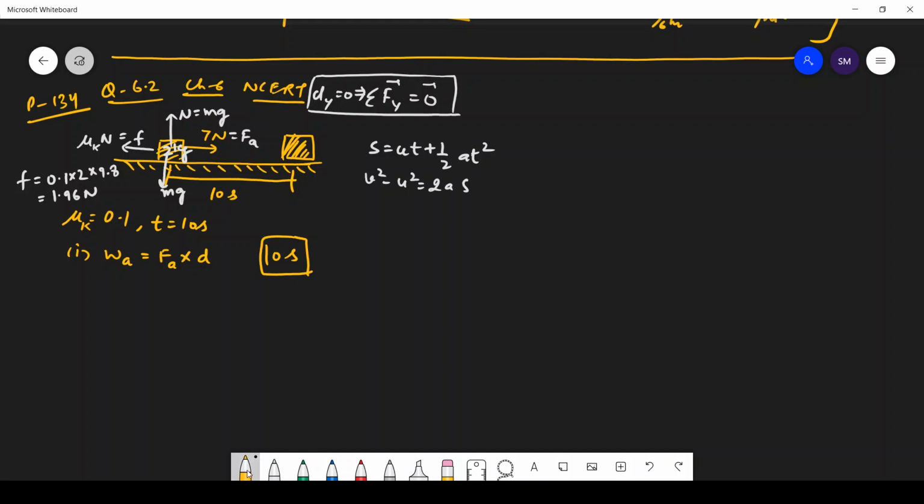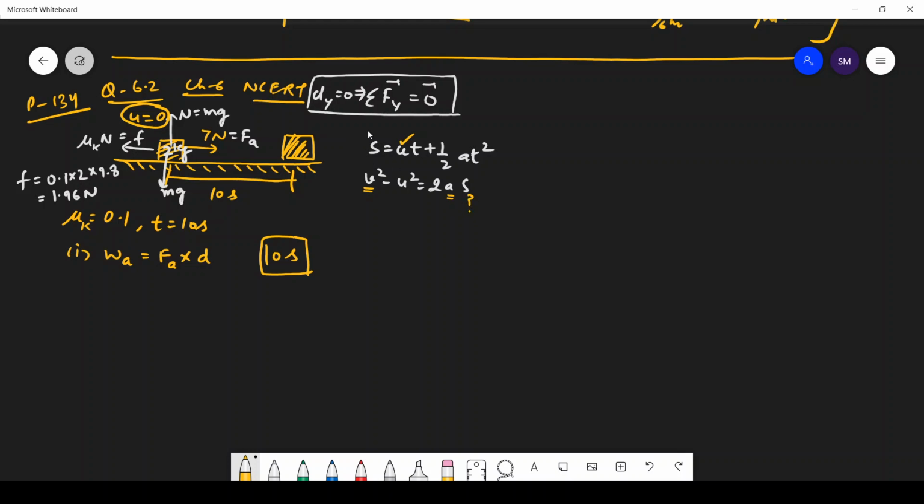So u equals 0, because it is given in the question that the mass is initially at rest. So I know that's okay, but I don't know the final velocity. I don't know acceleration.